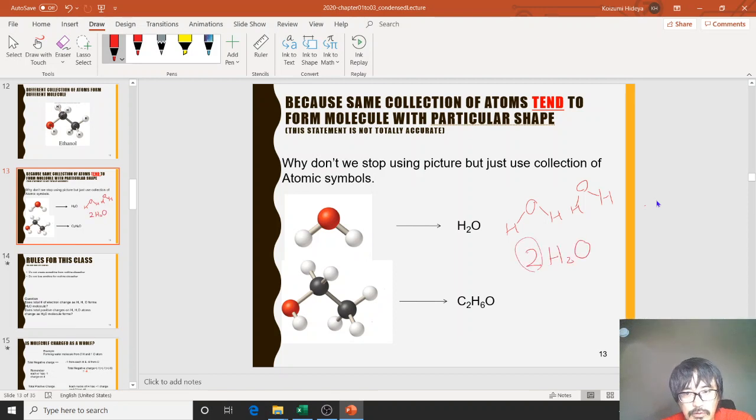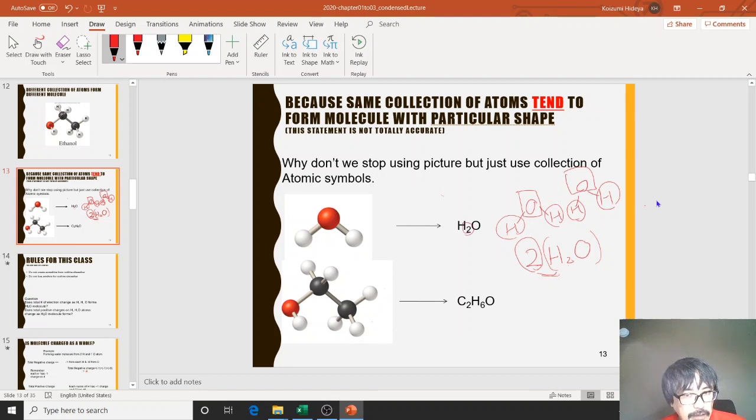That 2 is multiplying everything by 2. So for hydrogen, I have 4 hydrogens here, because 2 multiplied by 2 is 4 hydrogens. 1, 2, 3, 4. And 2 multiplied by 1 oxygen is 2 oxygens. So I have 2 oxygens right here. So be careful about the position of the numbers right here.